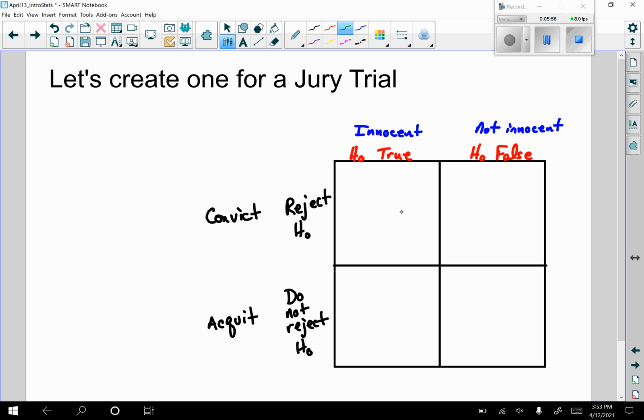So if we convict someone who was found to be not innocent, that would be the correct decision. Or if we acquit someone who is innocent, that would be the correct decision. If we acquit someone who is not innocent, that's a type 2 error.